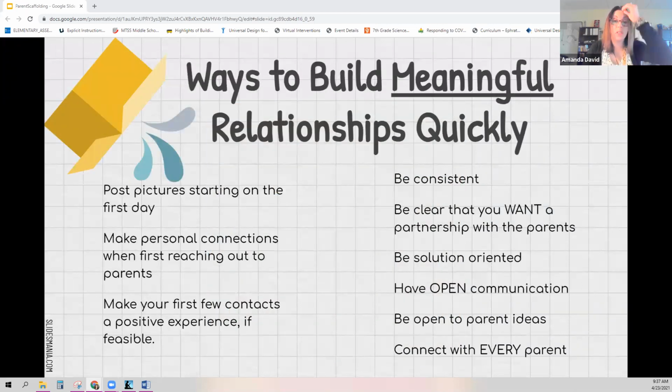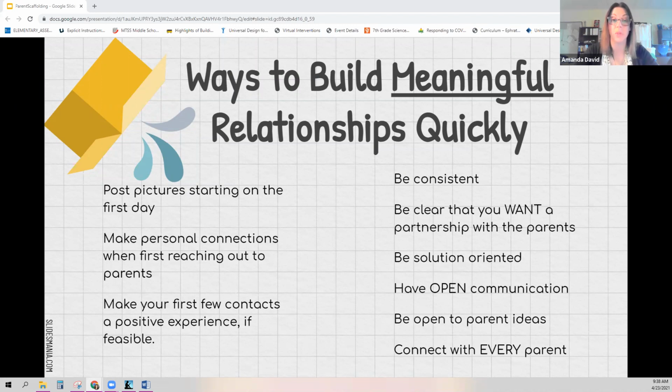There are some ways that you can very quickly begin building relationships with your parents. With the way things are in the world right now, it sometimes may feel difficult to cultivate those essential relationships with your parents.